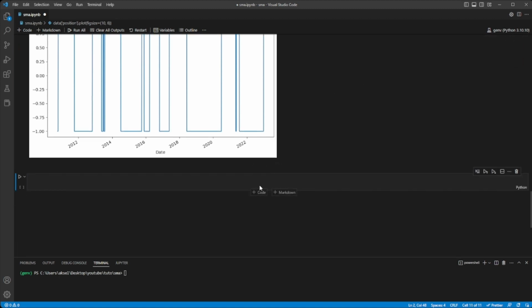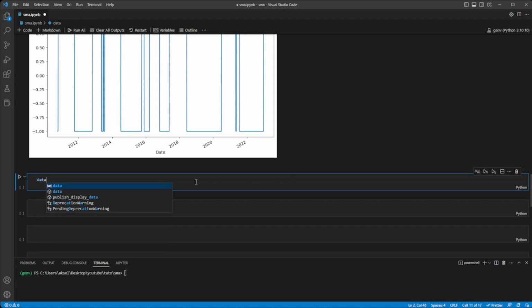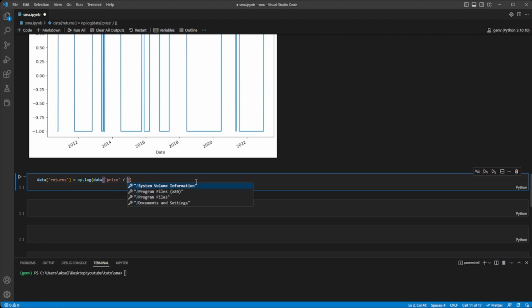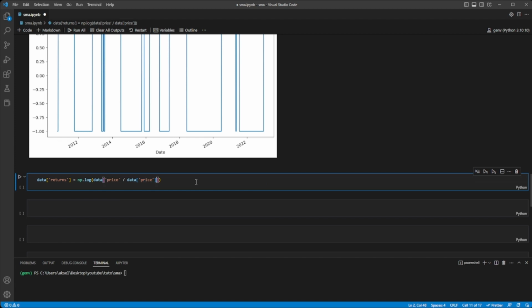And so to calculate the performance of this strategy, we'll need to calculate the log returns based on the original time series. To do this, it's a rather easy and simple code. So to get the returns, we're gonna use the log returns here. So the data price, so the price divided by the price shifted.